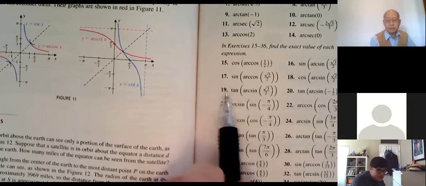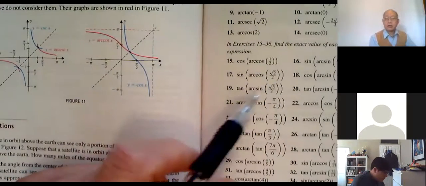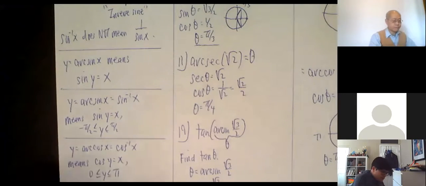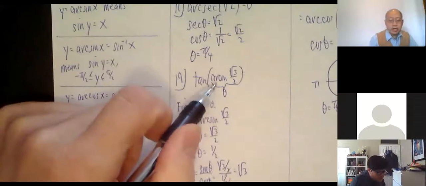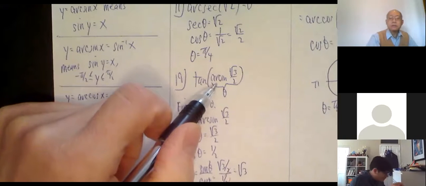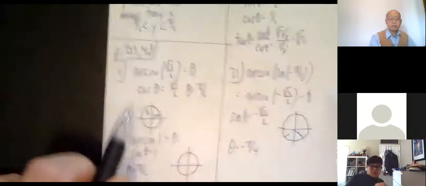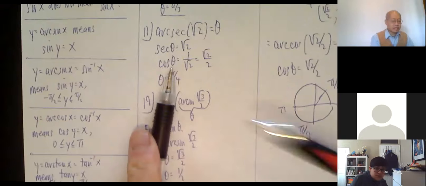Okay, but what if they give me something harder like this? Okay, so let me show you 19, tangent of arc sine radical 3 over 2. Okay, so first I call it theta. See, if I just said arc sine radical 3 over 2, that looks like all these other problems, right? So I'll work out the problem first, just like it's this.